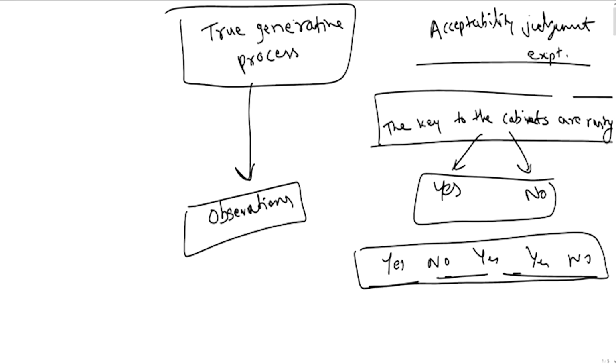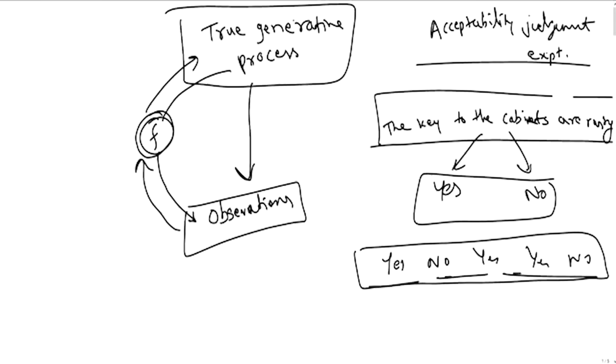We don't know anything at all about this true generative process, right? In this situation, what we do is make a fundamental assumption that there must be some function f which is producing the observations you are seeing, right? And if we can infer the properties of this function f, we can by extension infer the properties of the true generative process. So we make this particular assumption about the true generative process.